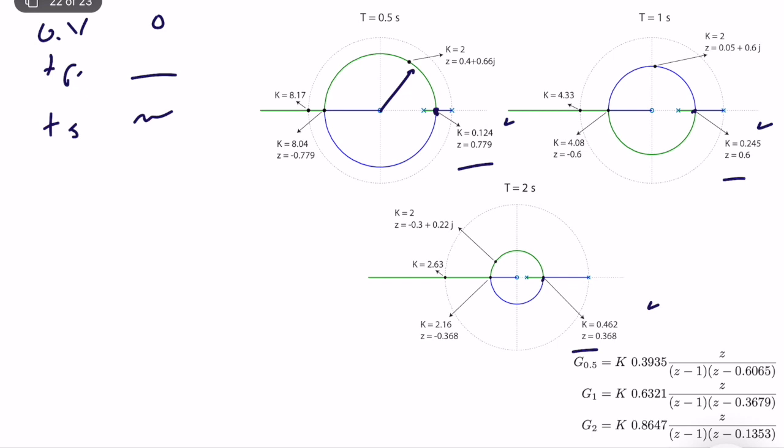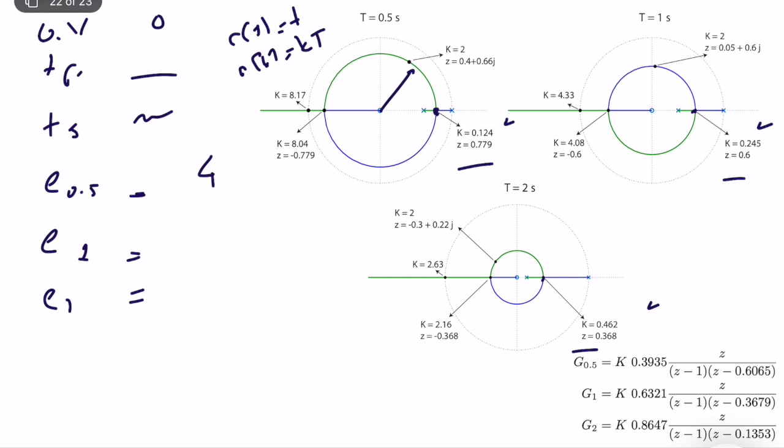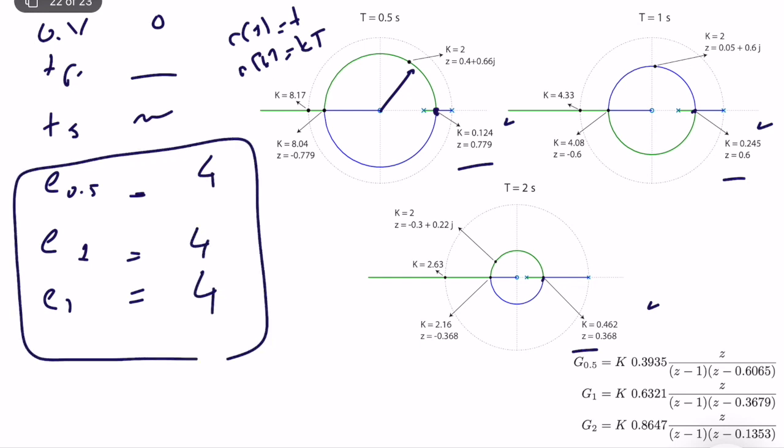If I compute errors 0.5, error 1, and error 2, when r of t is equal to t and r of k is equal to k times t, so it's a fair comparison, I will see that they're approximately equal to 4. So it means that they are same. I think it's quite interesting.